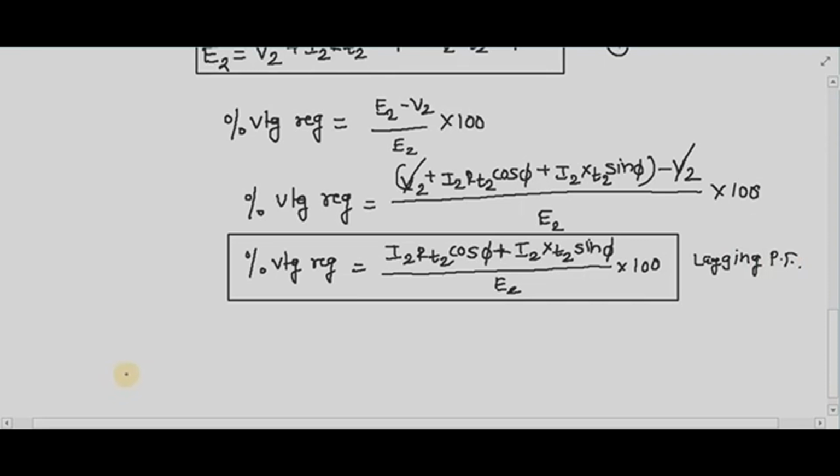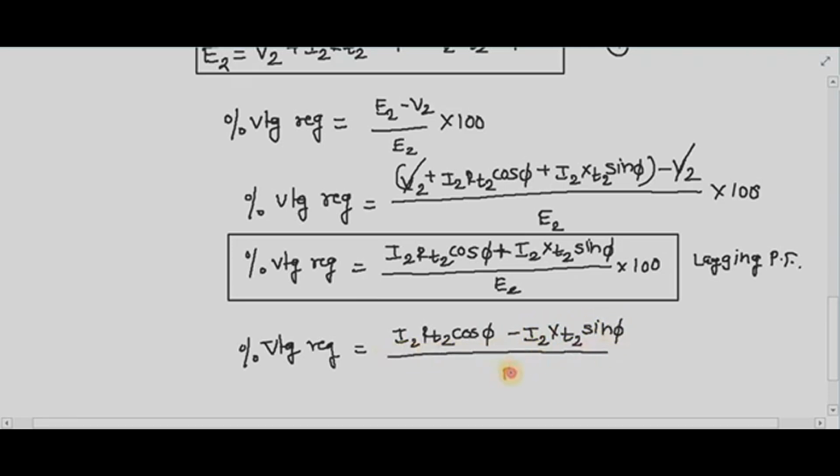So in the above expression, phi has been considered positive for lagging power factor and it will be negative for leading power factor. So for leading power factor, I can modify this equation as I2 RT2 cos phi minus I2 XT2 sin phi divided by E2 into 100.